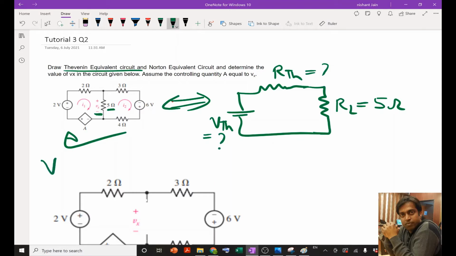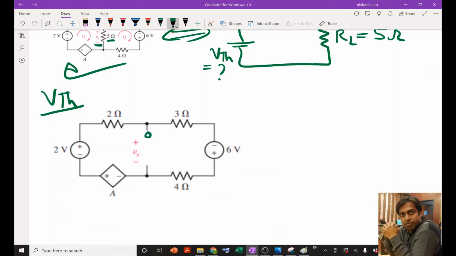So to determine the value of VTh, we need to open circuit. We need to remove this 5 ohm resistor, and over here we need to determine this voltage VOC. This VOC will also be our VTh. Now in this circuit, as you can see, there is only a single loop.